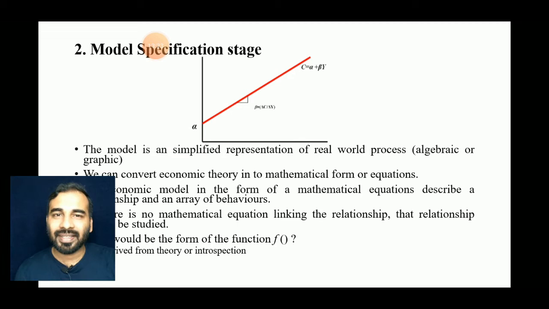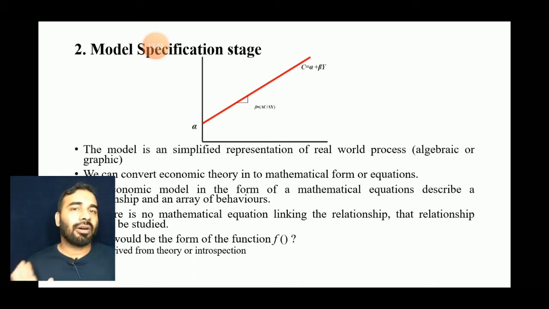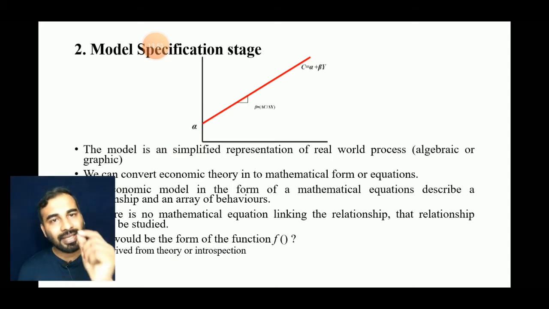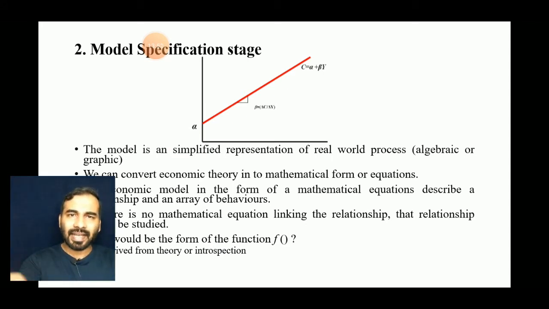Because we assume consumption increases less than proportionately. If it is proportional, then it will start from the origin and the slope will always be equal to 1. But here the slope is always less than 1 and above 0. That shows the MPC. So using this graph we can measure MPC as well as autonomous consumption. Clear? Yes.